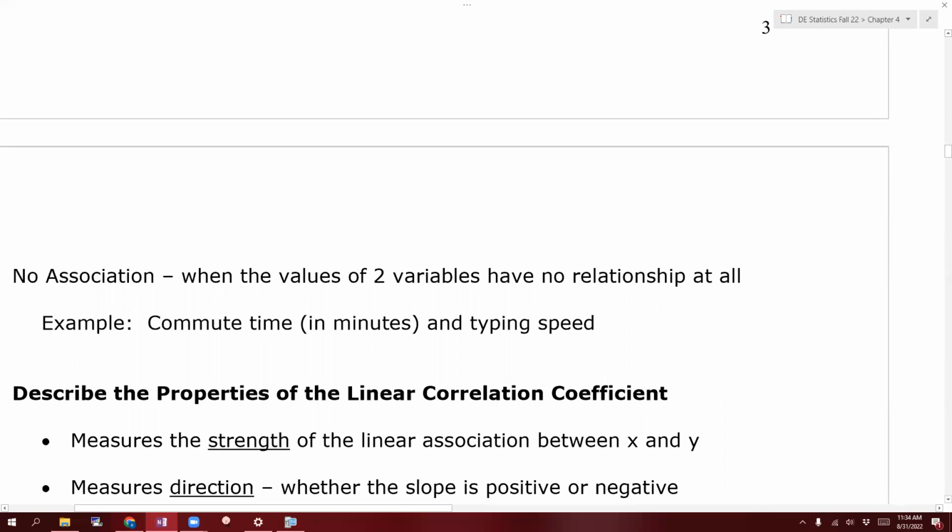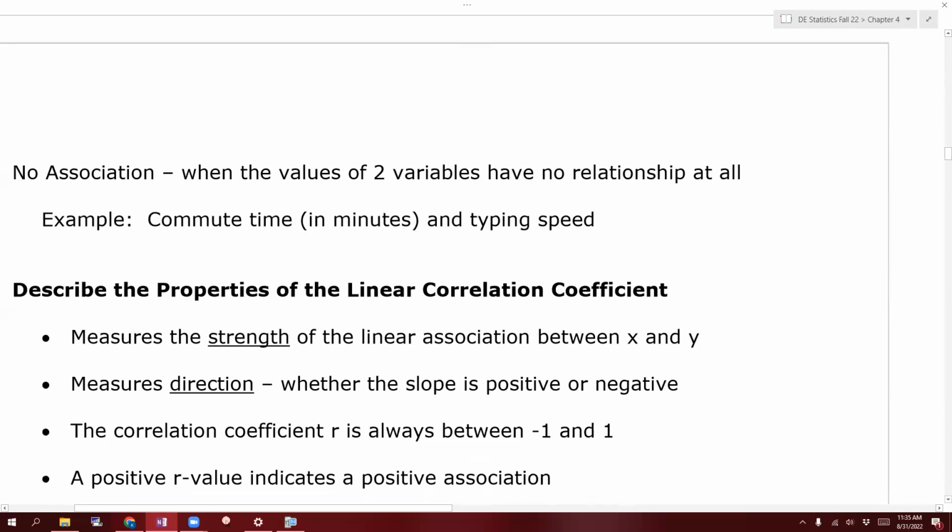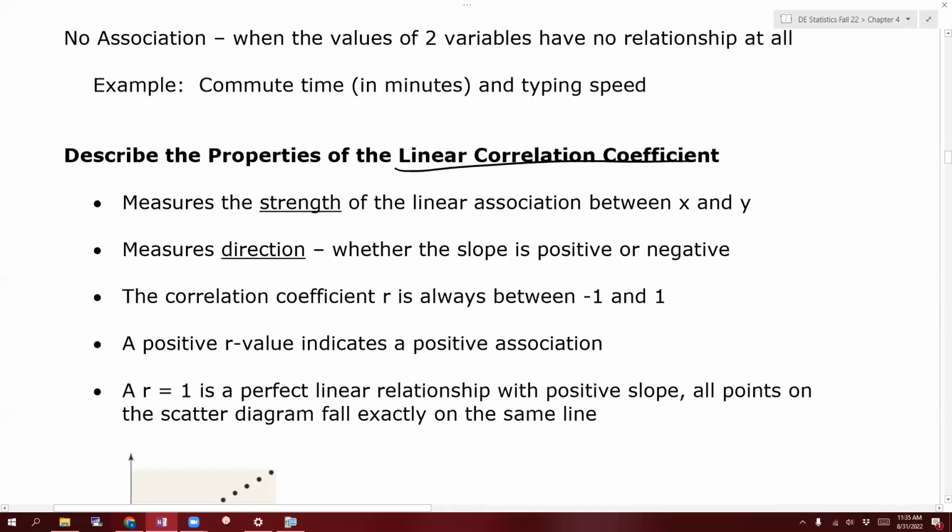Next, when we're talking about those linear relationships and we're talking about how x affects y, the stronger the relationship between x and y, the higher our linear correlation coefficient is going to be. So this is a number that basically tells us how closely y follows x. So it measures the strength of linear association between x and y, and it measures the direction.